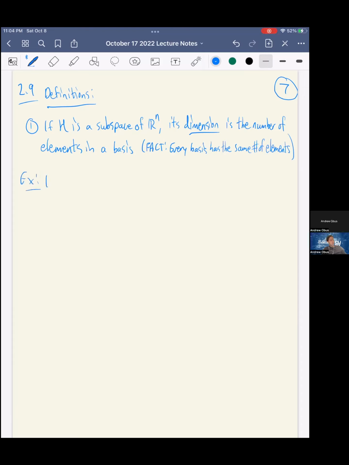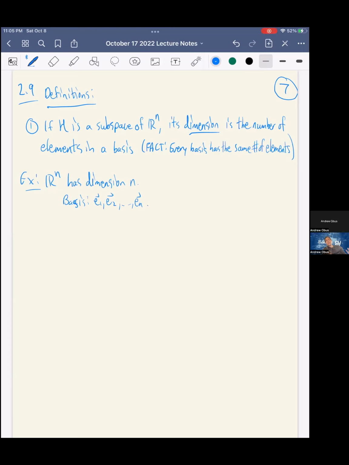So an example would be that Rn itself has dimension n, because we know that a basis for Rn can be given by E1, E2, up through En. So there's n elements. So Rn has dimension n, which is what you would think, right? I mean, R2 is a plane. It should have dimension 2.